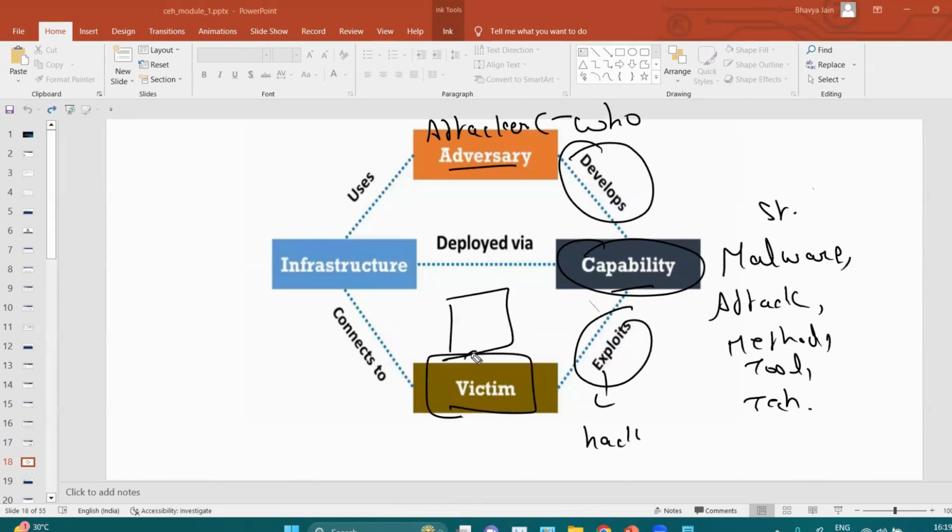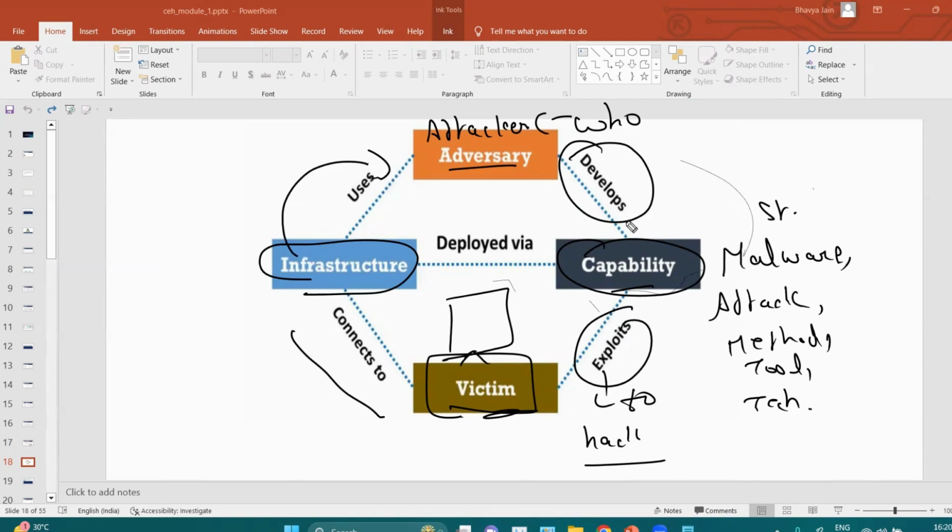Let's say this is my victim. So the attacker who develops a strategy to exploit, to hack the victim, connects to the infra, and that infra is used by the adversary. That is the cycle here.